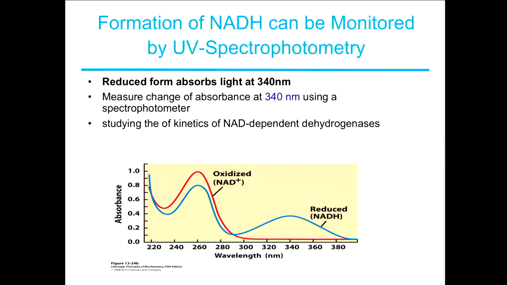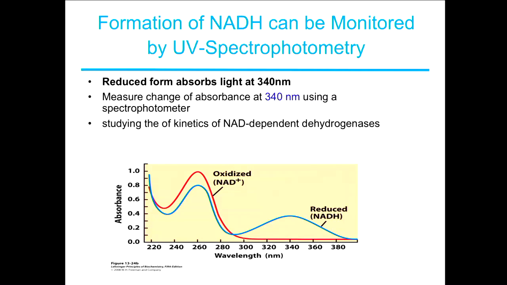This is actually really, really super important for studying these enzymes. Because look, if you dial your spectrophotometer to 340 and you start the reaction of your enzyme that has one of these cofactors in it, you can watch as the absorbance changes from, say, no absorbance to an increase in absorbance. So you can watch how quickly this cofactor is being reduced, and that tells you how quickly the enzyme is working.